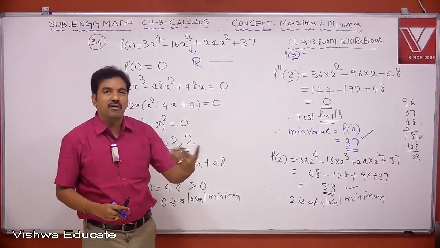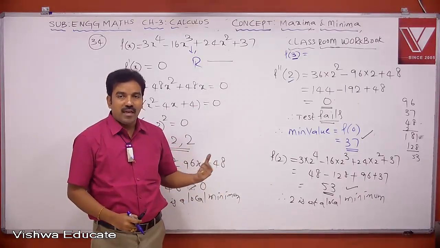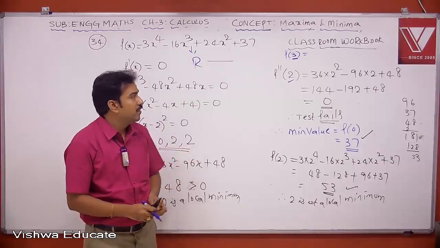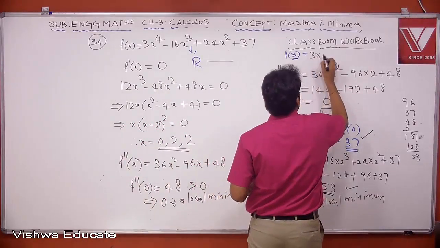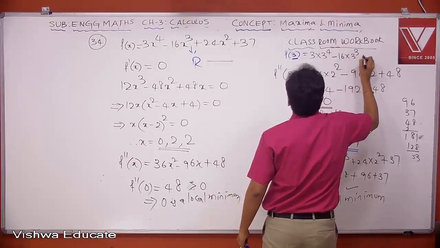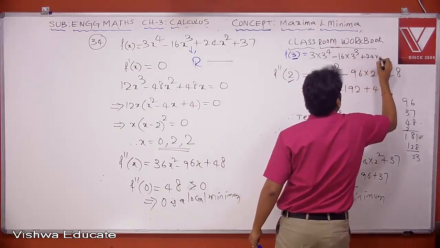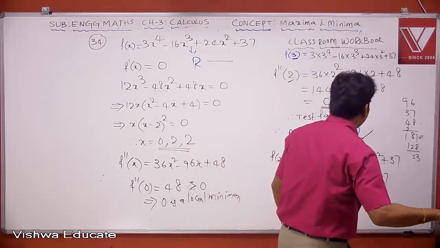So I go for evaluation of f of 3, f of 4 like this, until I get some clarification about the extremumness of the point 2. So f of 3 is 3 into 3 power 4 minus 16 into 3 cube plus 24 into 3 square plus 37. Now let us simplify this.